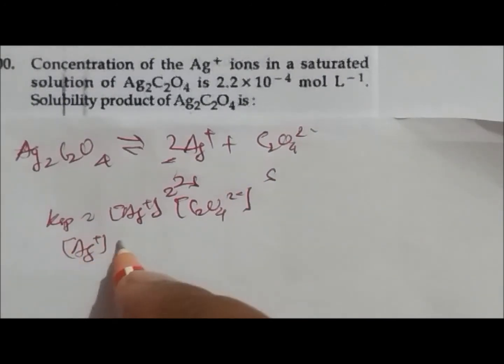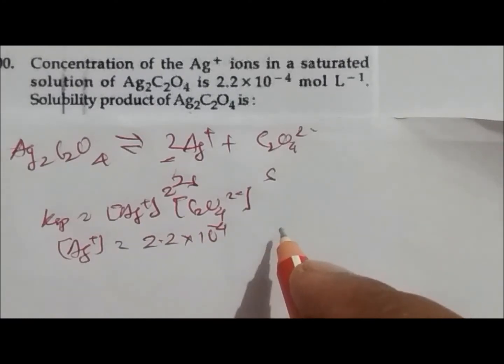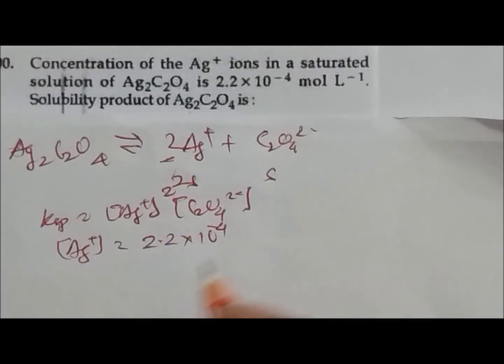The concentration of Ag is already given, that is 2.2 into 10 to the power minus 4. Then what is the concentration of oxalate? Oxalate is half of the Ag concentration.